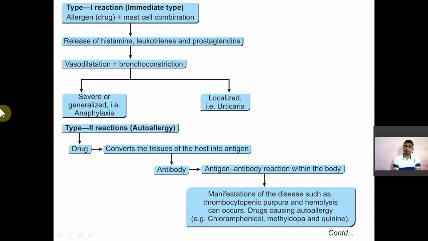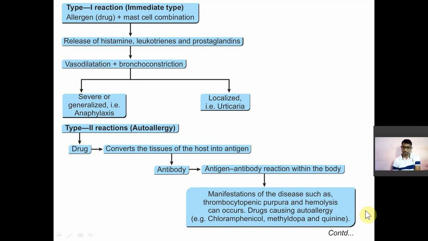Okay, and against that foreign drug tissue antigen, your body will produce antibodies, and then antibody antigen reaction will be there, and there will be manifestation of disease like thrombocytopenic purpura, hemolysis can occur. So that is known as autoallergy. For example, chloramphenicol, methyldopa, these kinds of drugs will show autoallergy.